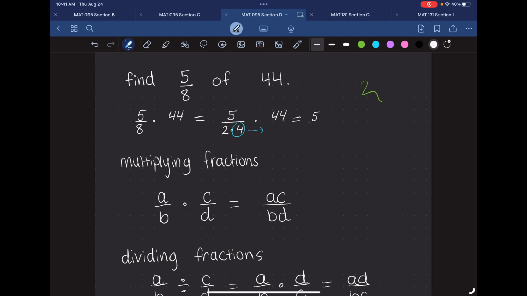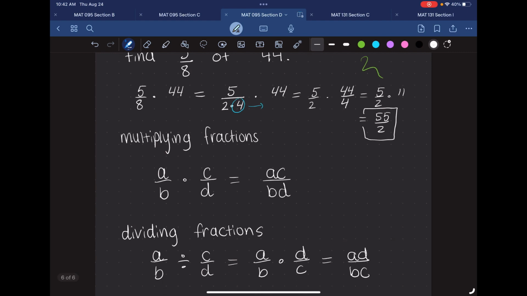So now I have 5 over 2 times 44 divided by 4. Now I'm going to simplify the 44 divided by 4. So I have 5 halves times 11. Then I can multiply this together to get 55 over 2. And if you did 5 times 44 and divided it by 8 and then simplified, you would also get 55 over 2.